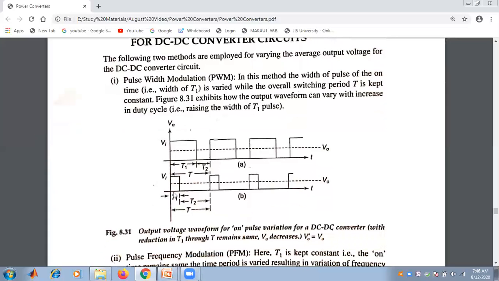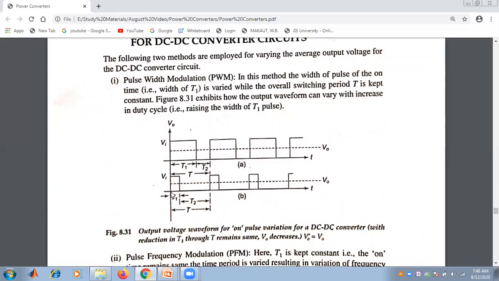This is a general configuration of the output voltage waveform for on pulse variation for a DC to DC converter, with reduction in T1 while T remains the same. Here we see from the figure that the total time period T, that is T1 plus T2, remains the same, but the only variation is in the on time. The on time is more for the first graph.